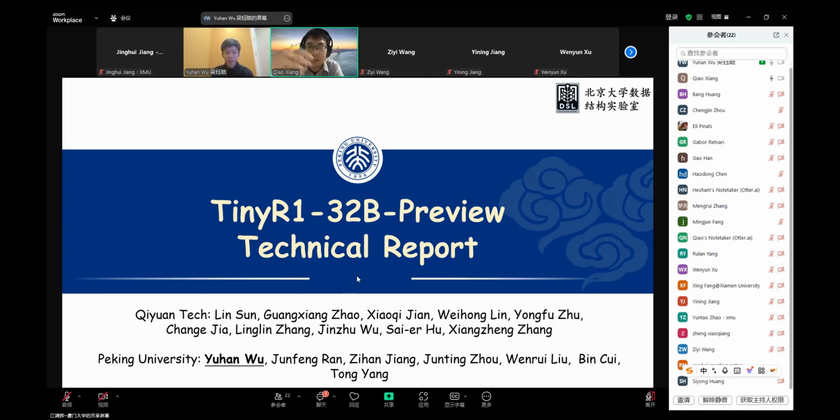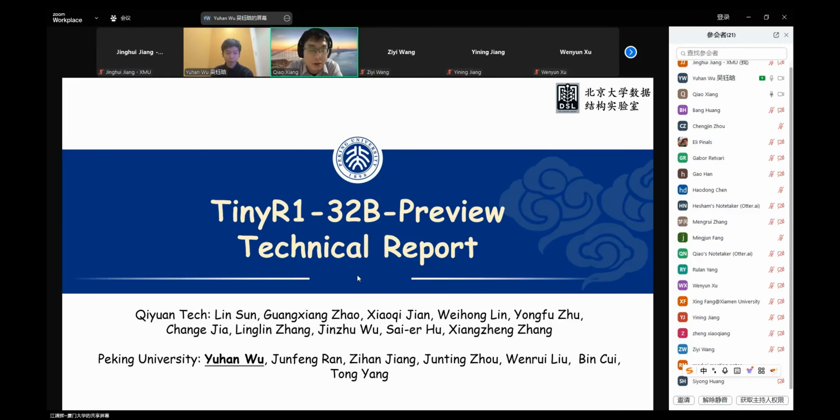The reason I took the liberty to pick this paper is because I was just browsing some WeChat news and I saw this interesting news about how this tiny R1-Preview model uses only 5% of the parameters compared with DeepSeek and can already achieve comparable performance.